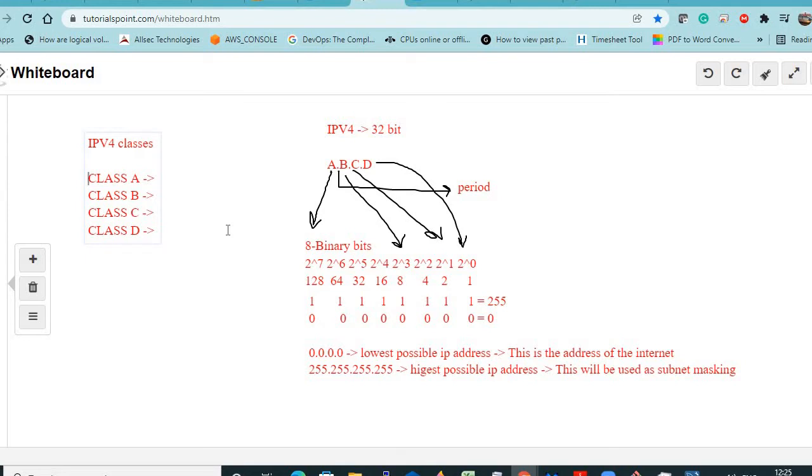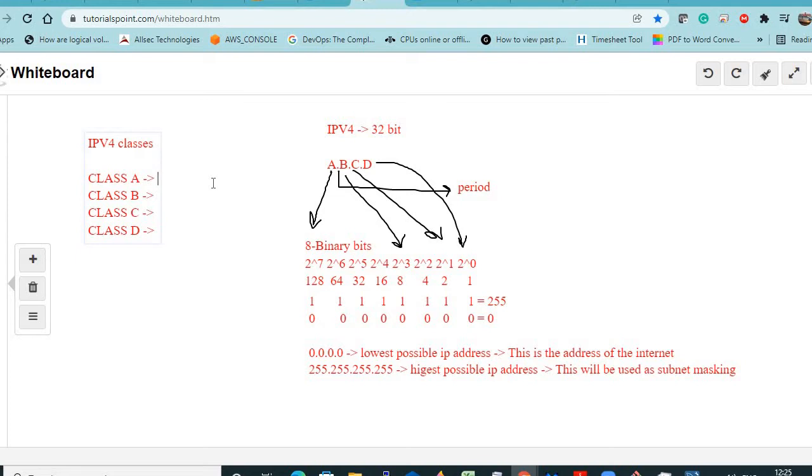Sir, class A, class B, class C, class D. Class C for small organizations, sir. Class C starts from 192, sir. So each class is divided for larger organizations based on the requirements, sir.